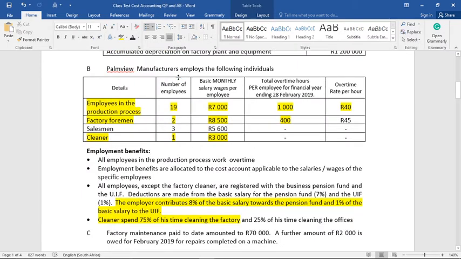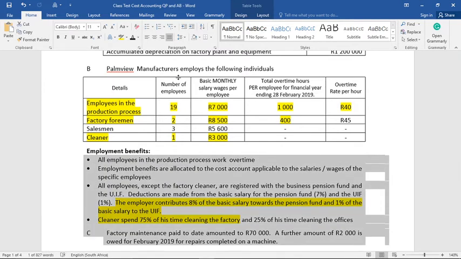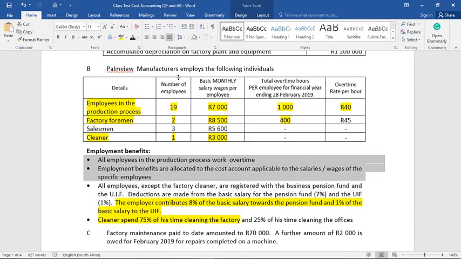Then, what else does it say here that we can use? All employees in the production process work overtime. Okay, we've dealt with that. Employees' benefits are allocated according to the... Okay, we're fine there. We've dealt with this one.